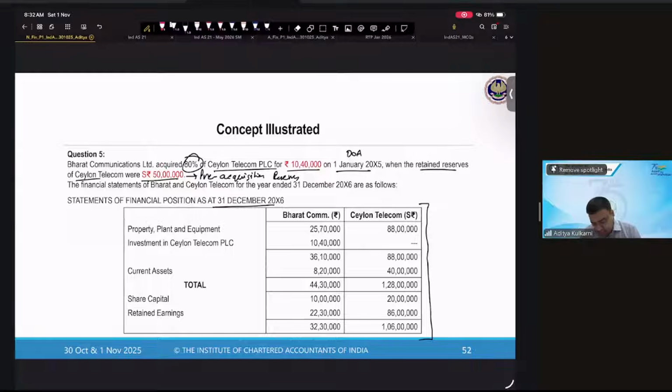Only thing they have given additional is retained earnings opening was 50 lakhs. Yes or no? Have they given 50 lakhs? Yes, sir. So out of 86, 50 lakhs is pre-acquisition. So post acquisition is 36 lakhs. So we'll see how it progresses.